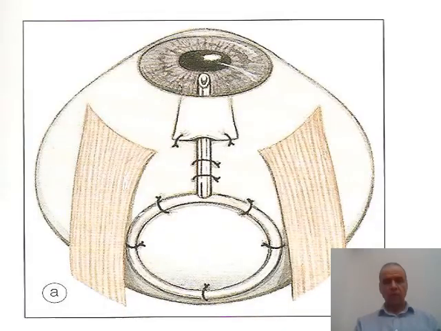To increase the success rate of trabeculectomy and to avoid occlusion of this fistula, sometimes we insert another device in addition to the trabeculectomy. For example, this is a Molteno tube. So it is the usual trabeculectomy, and we insert this tube beneath the conjunctiva. So the aqueous passes from the anterior chamber through this tube to leak into the subconjunctival tissue.